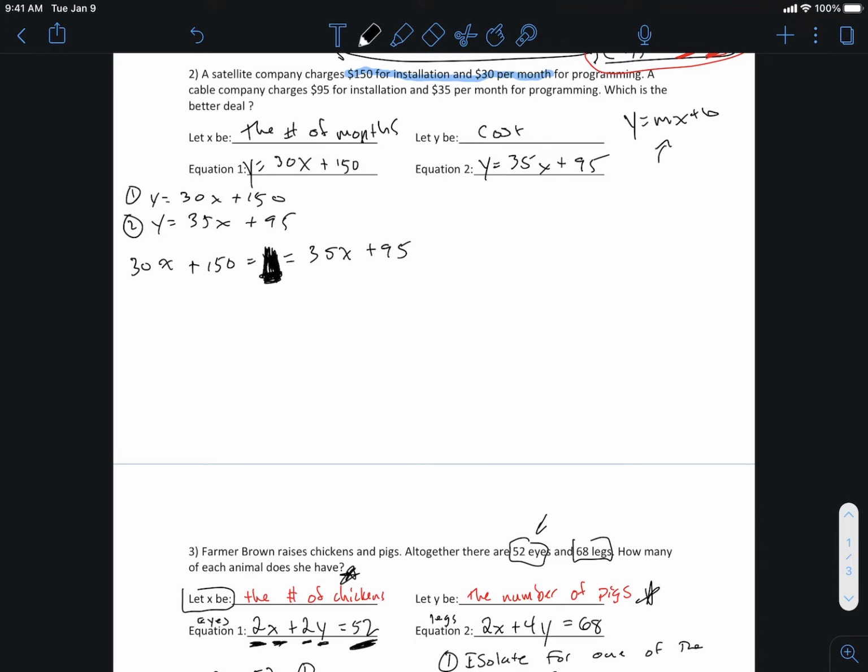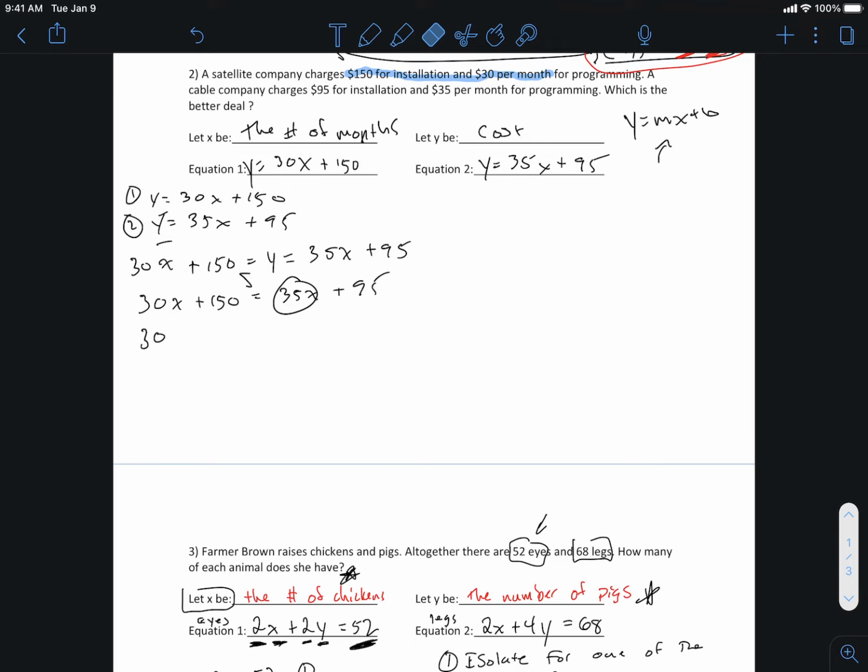Then you're free to solve. This is an ideal situation where you get y equals y equals. You just make them equal to each other, and then you just solve. By solve, I mean collect like terms. You're just going to try and get the numbers on one side and the variables on the other. So 30, I'm going to bring the 35x over.